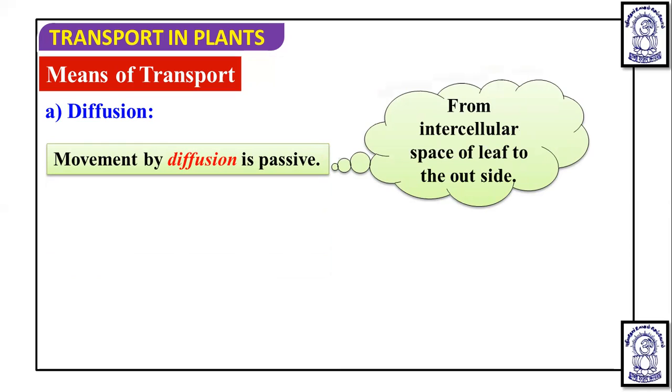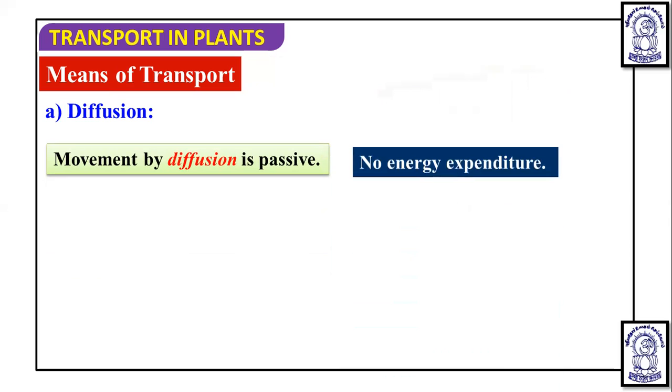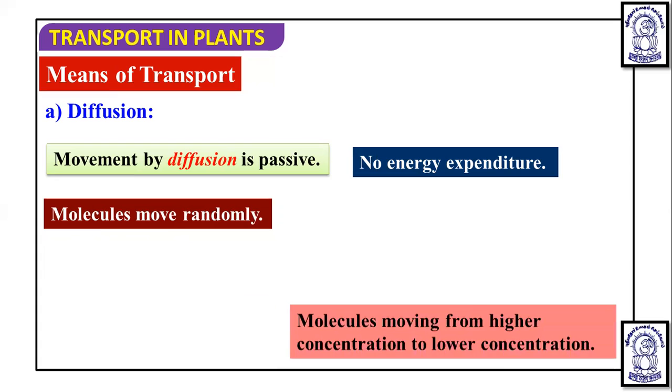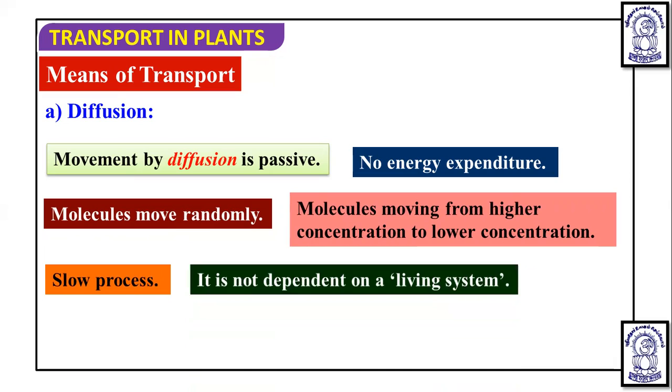Here it is a passive transport, so there is no energy expenditure. The molecules are in random movement, and as it is a passive transport, moving from a higher concentration to lower concentration, and their movement is slow.